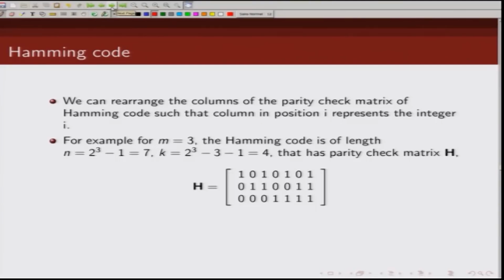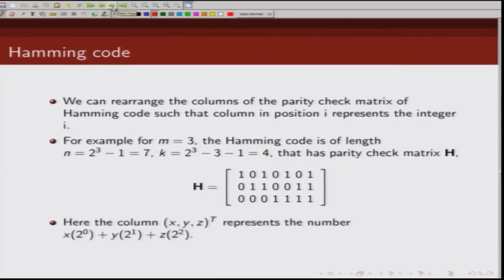Let us go back to our same example, m equal to 3. In this case n is equal to 7 and k is equal to 4. Now, note the way I have arranged this. This is my MSB and this is my LSB, the most significant bit and the least significant bit.